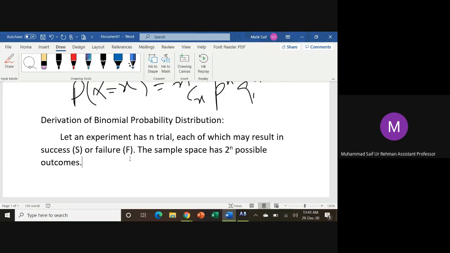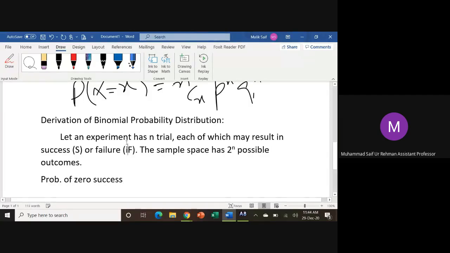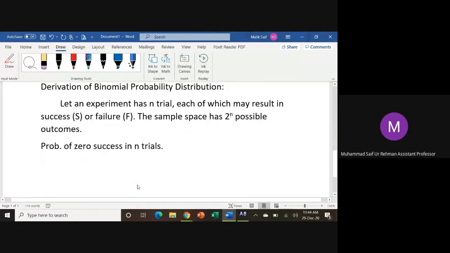Okay. So now the probability of zero successes in n trials. So now let us see.